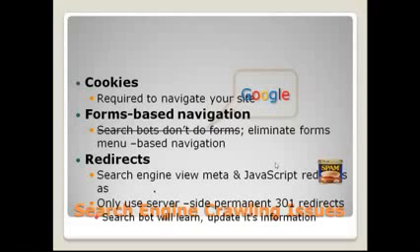Redirects. Search engines view meta and JavaScript redirects as only usable server side. So instead of 302 redirects, which is just a temporary redirect that tells the search engine that this is temporary, not to pass link juice, a 301 redirect is what you want to do. It tells Google that this page is permanently redirected to this page, and this means this.